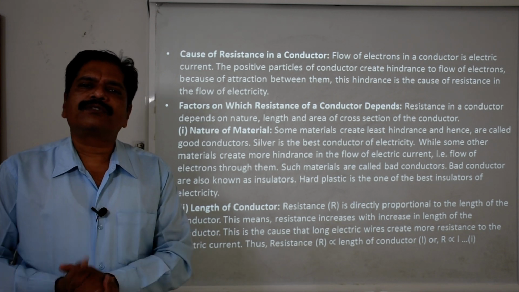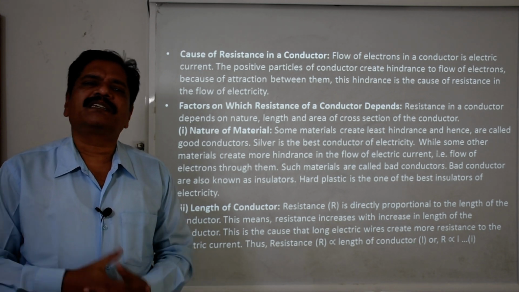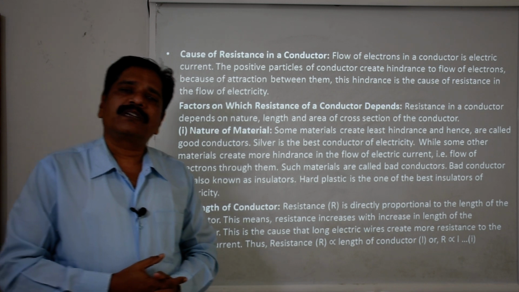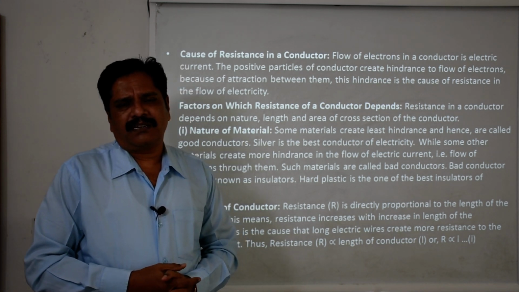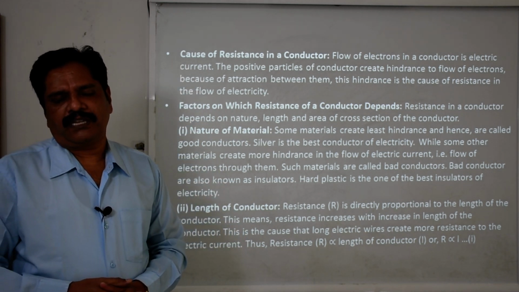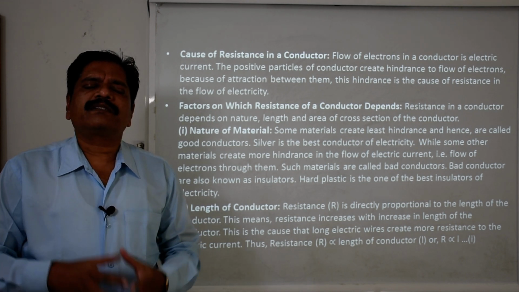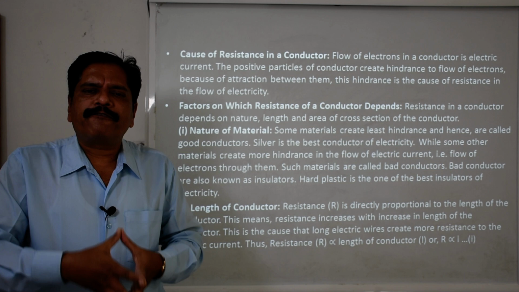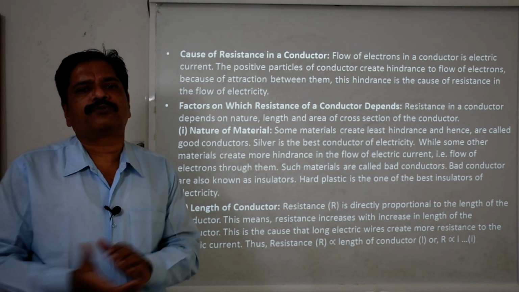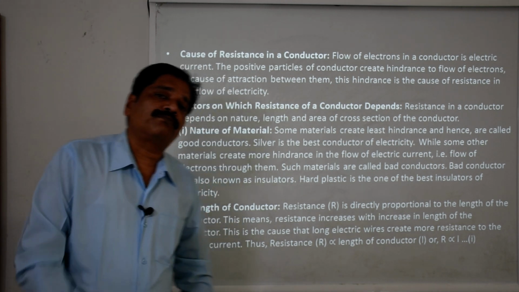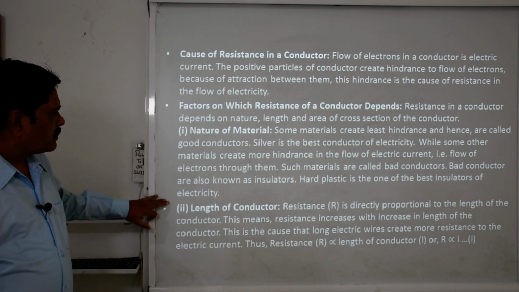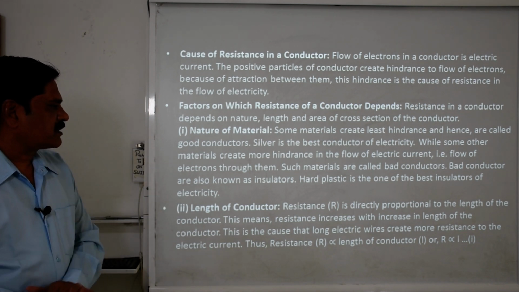The second are bad conductors, like plastic, which are called insulators. Plastic is one of the best examples of an insulator. Clear? Because they do not have any free electrons to flow, they don't allow current to pass.